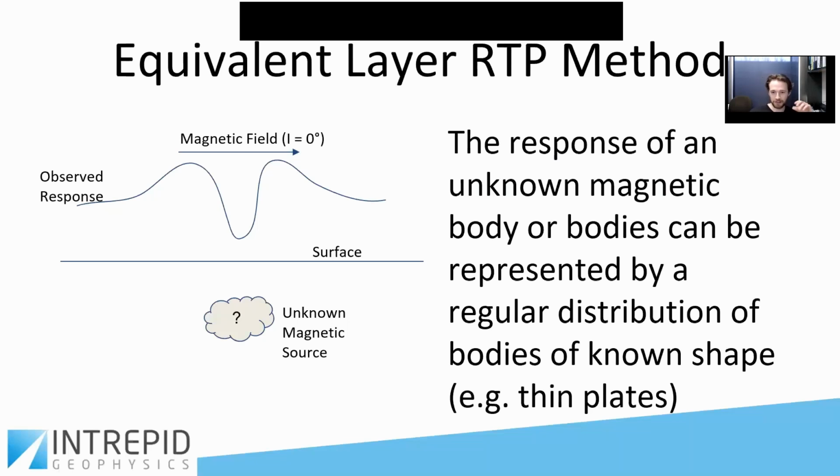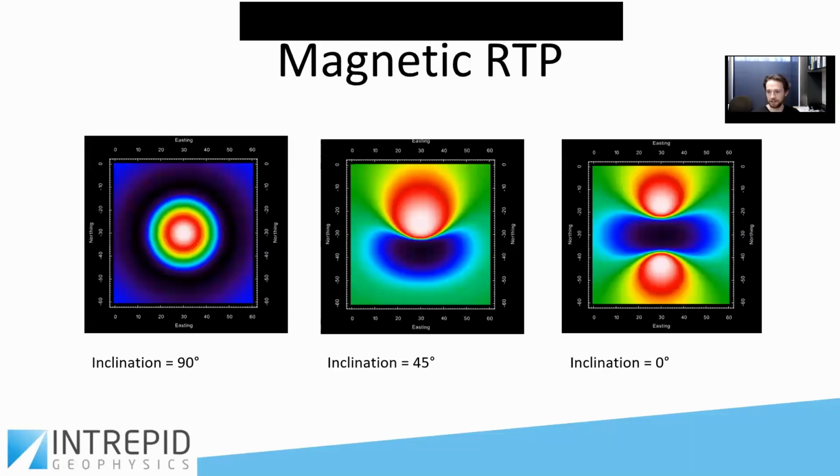So here we've just got a very rough sketch of a line response as you fly over an anomaly where the magnetic field is at 0 degrees. We have this unknown body causing this classic lying down dipole field, which we could see if we go back to here, at inclination 0 degrees.